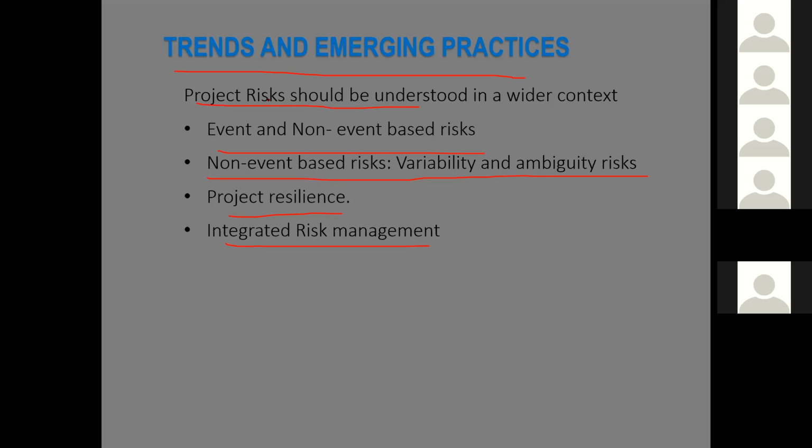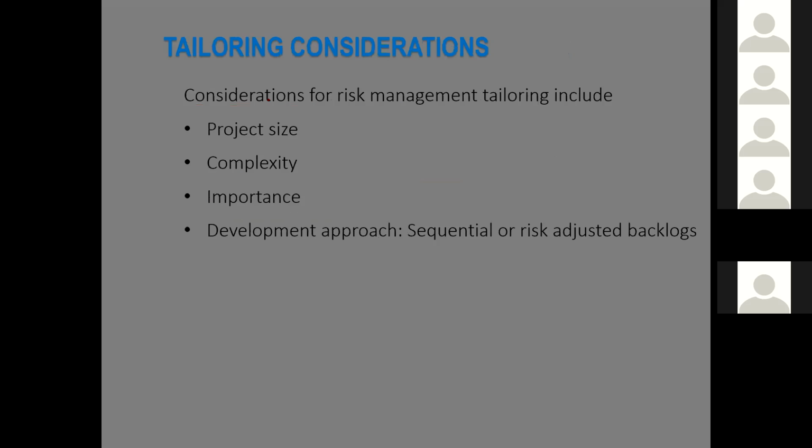And also integrated risk management, where we see the impact of our risk management and its related activities on other knowledge areas of project management. Relevant considerations while we are planning for risk management activities: the following factors determine how thorough and detailed our risk management activity would be, including project size, complexity, importance, and development approaches, sequential or risk-adjusted backlogs.